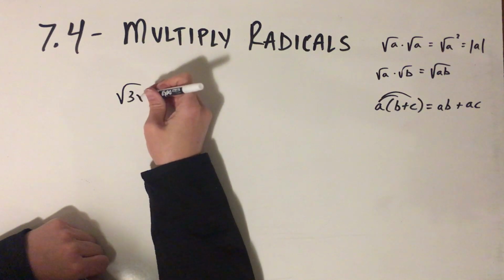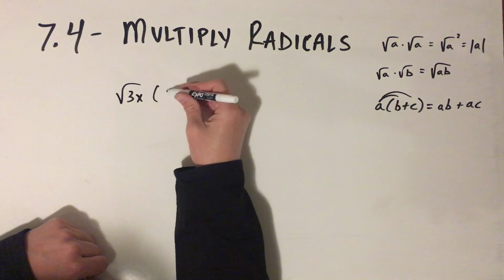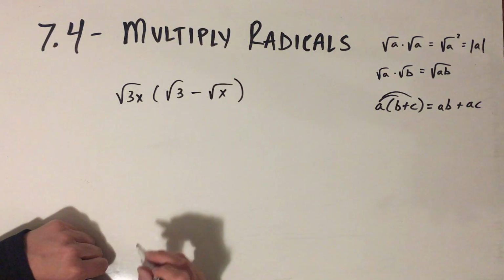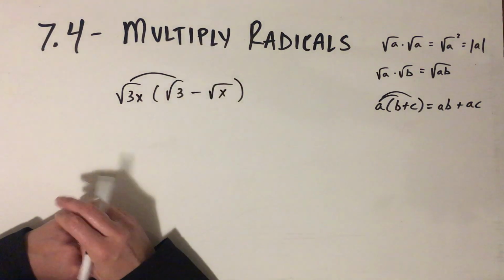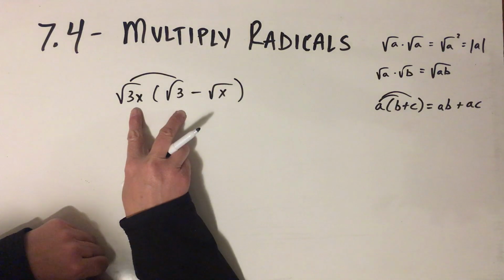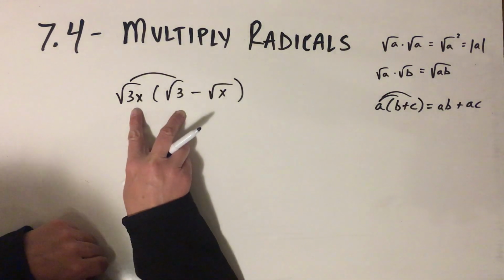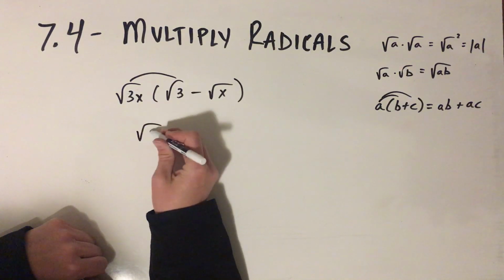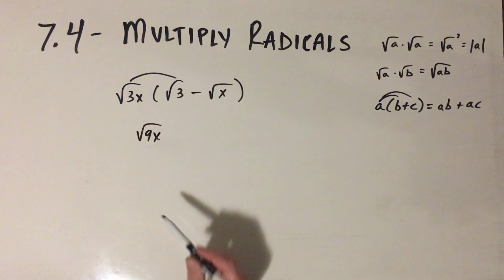Well, what if I had the square root of 3x and I wanted to multiply that by the square root of 3 minus the square root of x? Well, again, when I multiply these together, I multiply what's underneath the radicals together. So I would multiply 3 times 3 is 9, and I would get the square root of 9x.